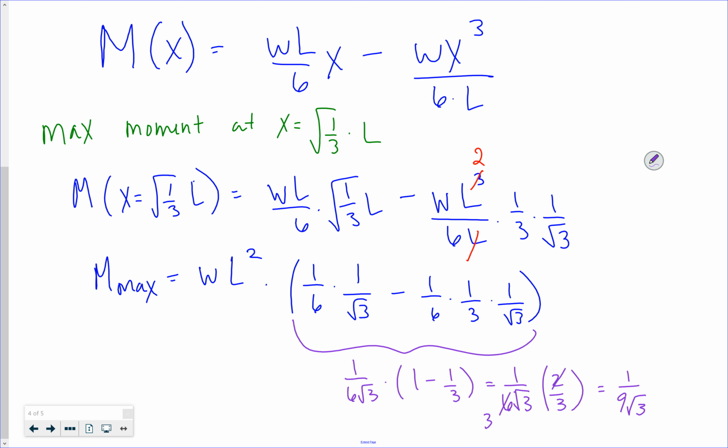Is that right? Oh goodness. Right. 1/6 times square root 1/3 minus 1/6 times 1/3 times square root 1/3. 1 divided by 9 square root 3. Okay, well, as long as I was right the first time, that's good.